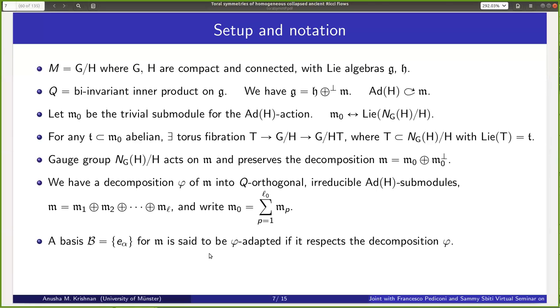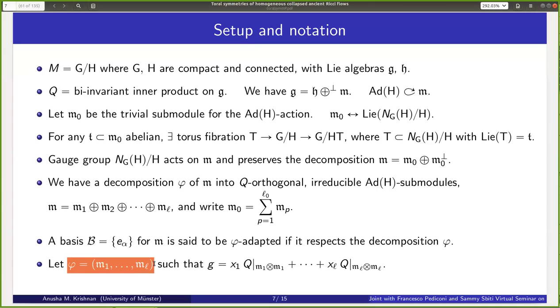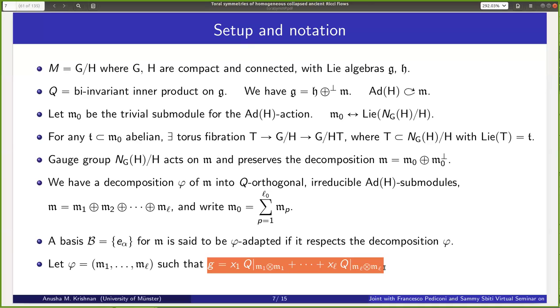Now you say that a basis for M is phi-adapted if it respects the decomposition phi. And finally, we will be interested in decompositions phi that diagonalize the metric, like so. So they diagonalize the metric, and the xi's will denote the components of the metric.